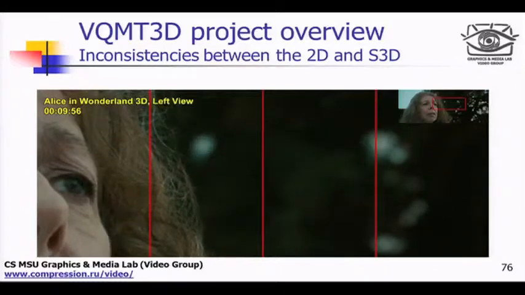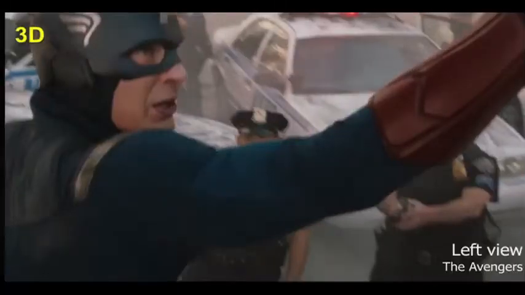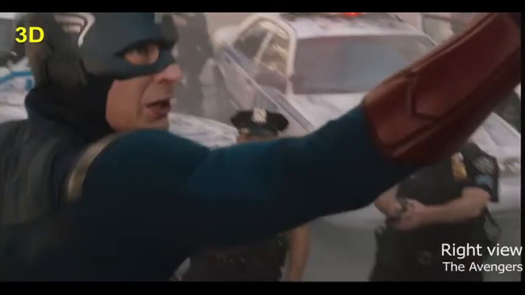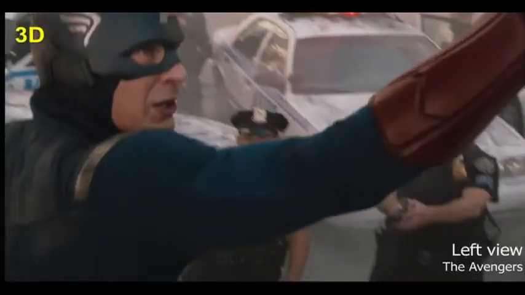You see that hair was obviously removed to simplify converting. And here is a sample of how this guy was shifted. You see that in the 2D version it's 2D, 3D, 2D, 3D, 2D, 3D.